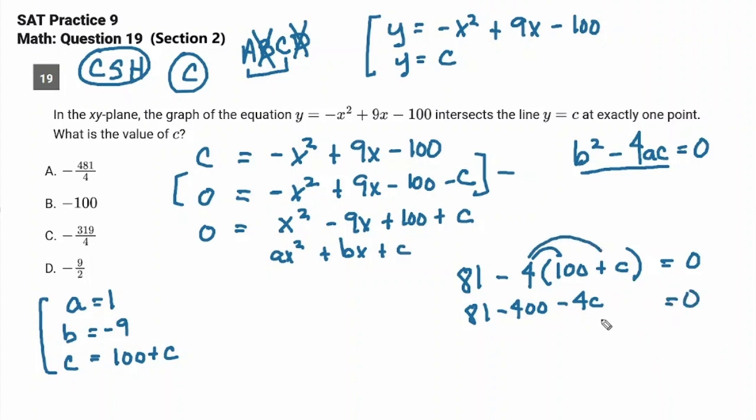All right, I'm just going to move my 4c across the equal sign, make it positive. 81 minus 400, calculator math. It's negative 319. Oh, we're home free, man. Divide by 4 to get c by itself. And so c is negative 319 over 4, and that's answer choice C. This problem is hard. It takes some work, but you can get it right, and you can move on.